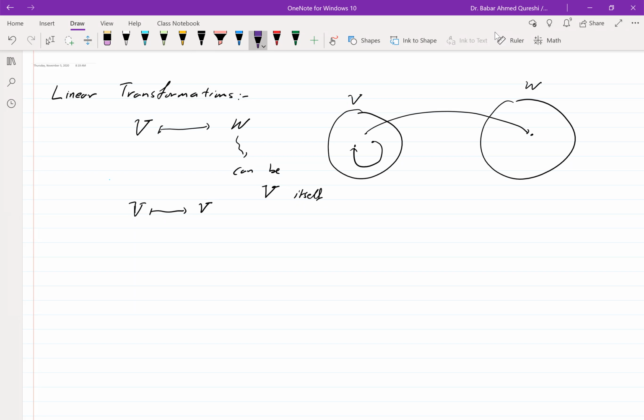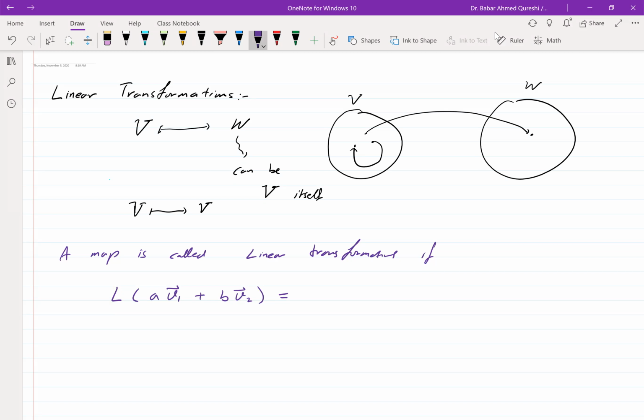But linear maps are special. A map is called a linear transformation if it satisfies this property. The property is related to linearity: if you take two vectors from your space V and make an arbitrary linear combination with any two numbers a and b, then the map of this vector should split.